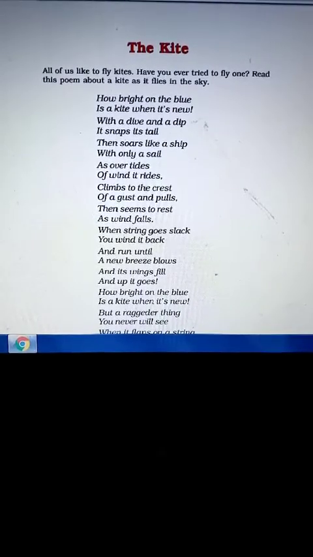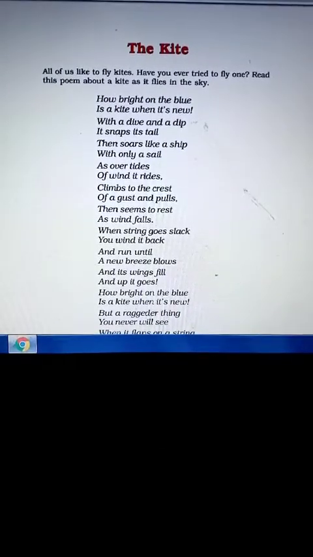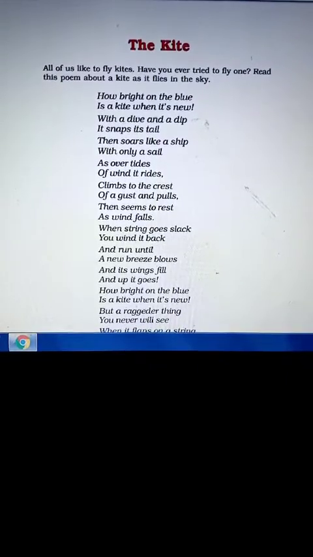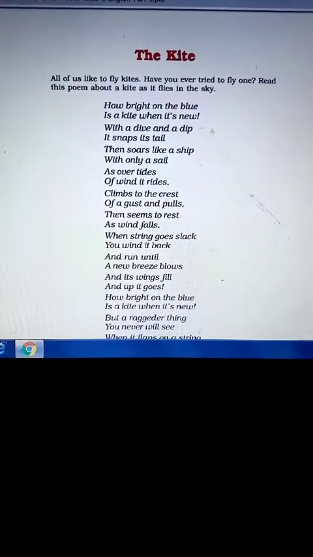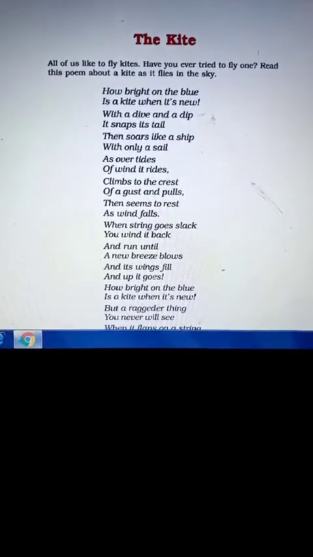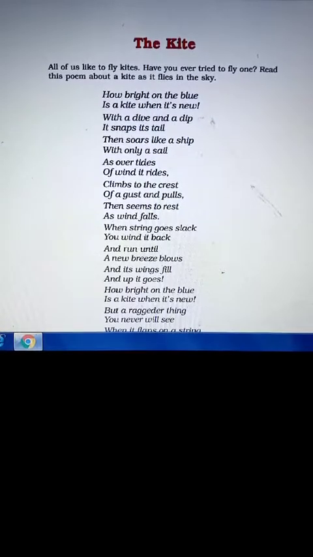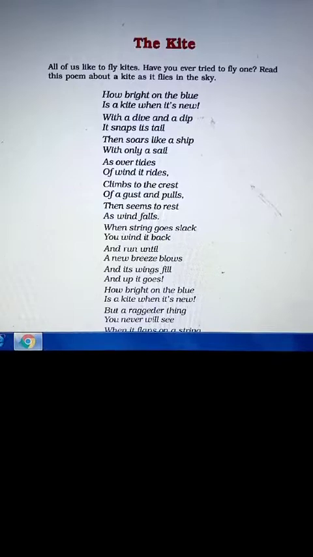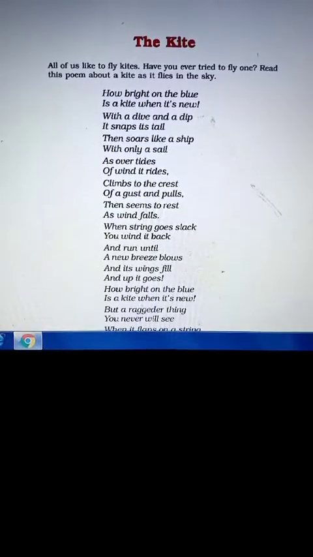With the same sudden blow of the wind, it goes up to the highest point in the sky in a wavy manner, like the way a ship moves on the ocean. But as soon as the wind slows down, it seems as if it has stopped there to rest.